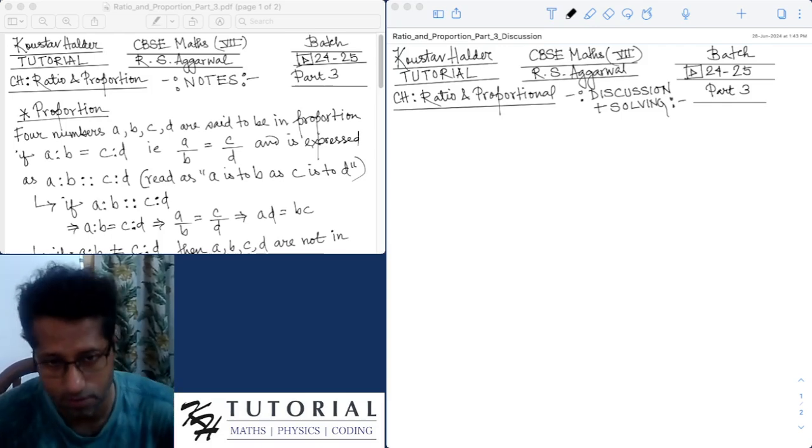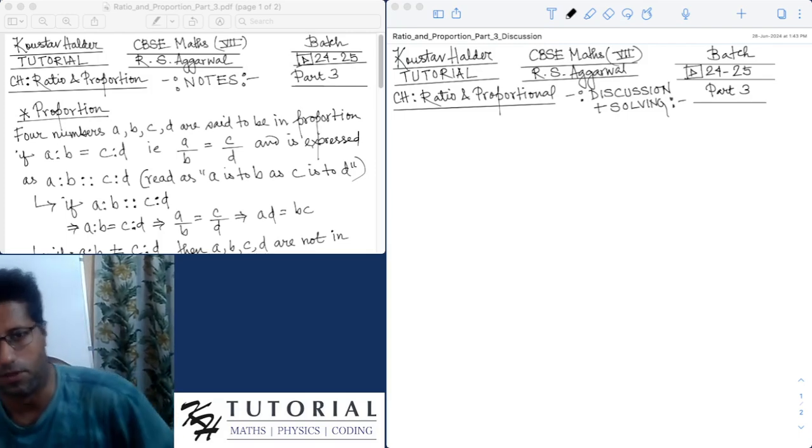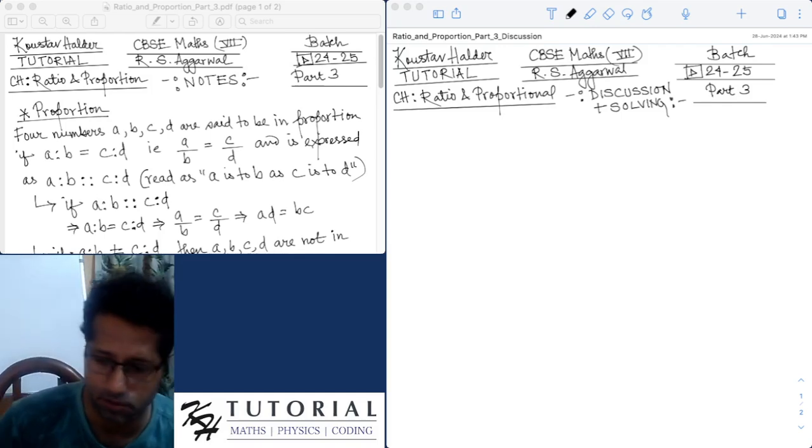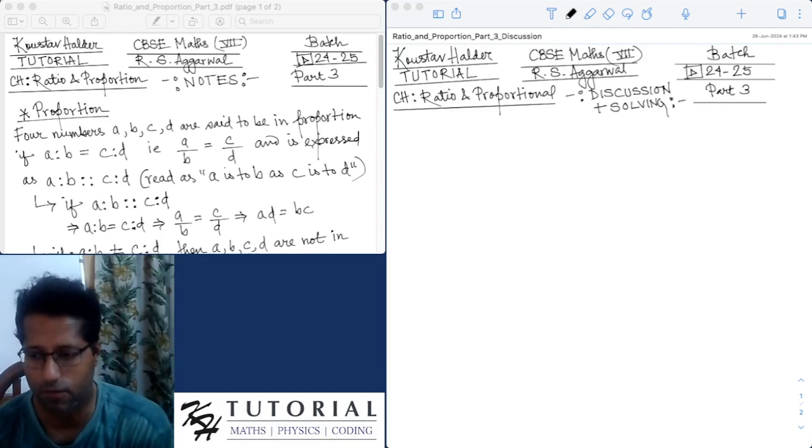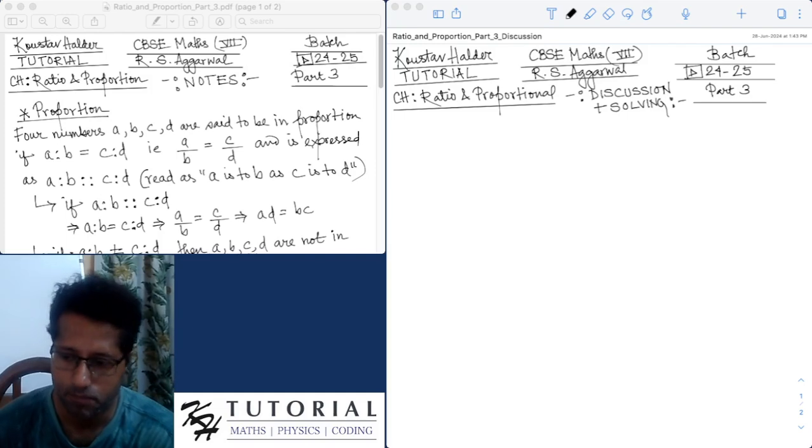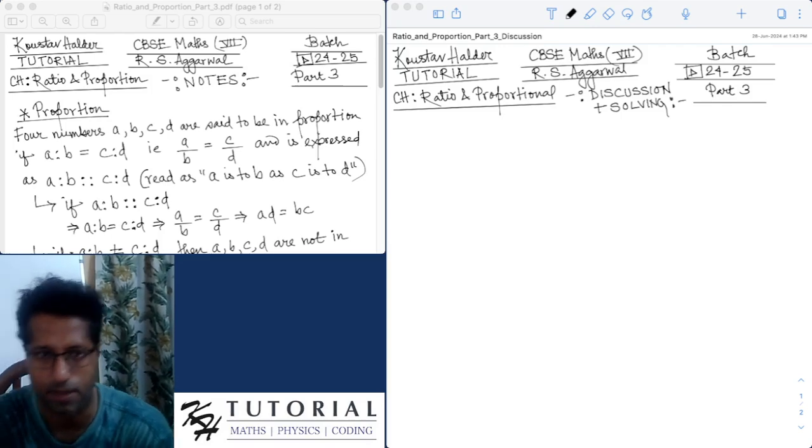So we have already discussed what a ratio is. A ratio is a measure of comparison of two similar quantities, and it is defined as the fraction a by b, where a and b are two quantities of the same kind.